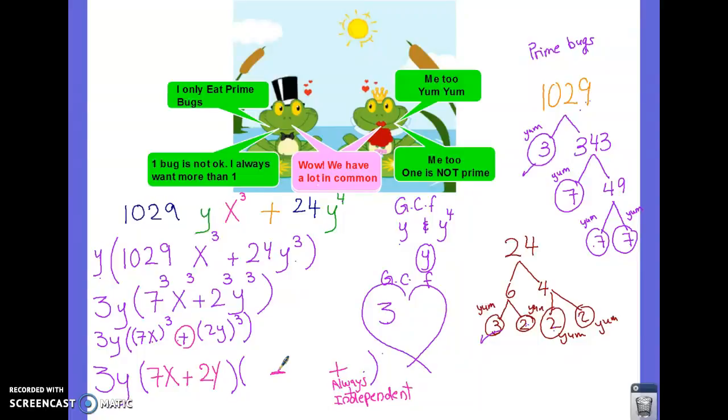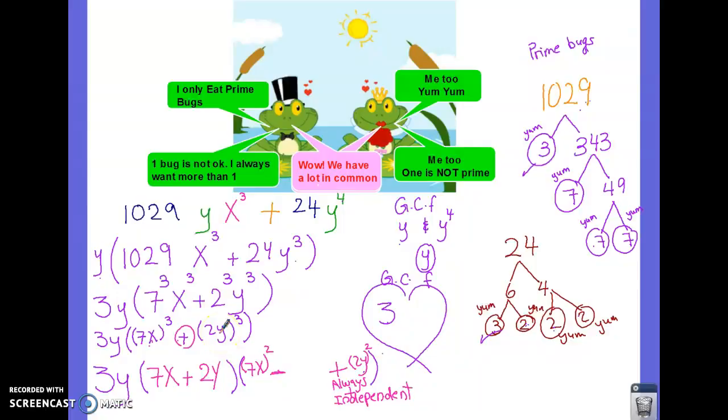Now, it's the first term squared. So, 7x squared, and the second term squared, and then you multiply the first and the second term.